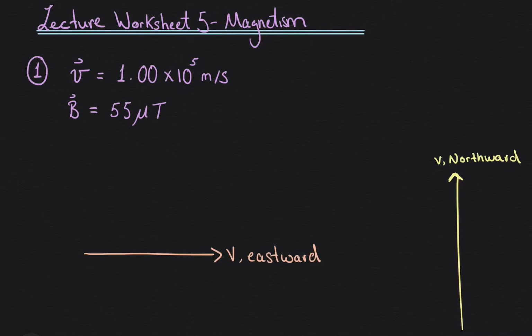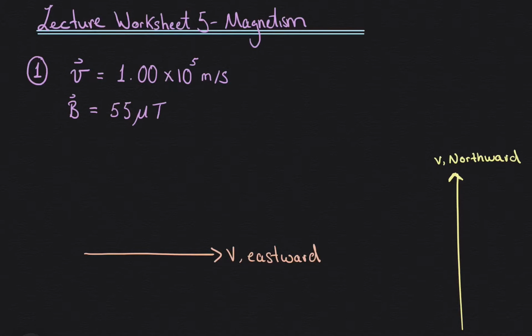We have a proton that moves with a speed of 1.00 times 10 to the 5 meters per second through Earth's magnetic field, which has a value of 55 microtesla. I wrote that information in the first two lines, where we have the velocity and the applied magnetic field, which is Earth's magnetic field in this case.